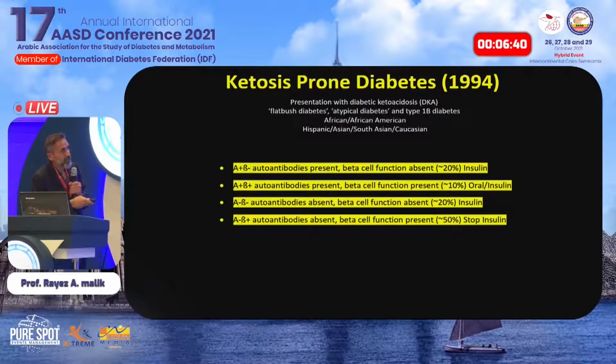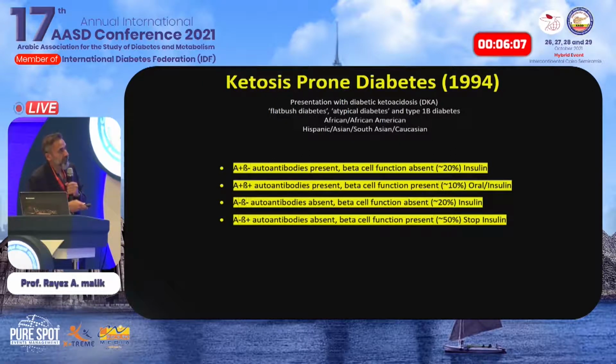The typical presentation here is that the patient will present with diabetic ketoacidosis, but they don't have to remain on insulin. About 50% of these people will recover, and you can take them off insulin or even other oral therapies. Originally they were described just in African American men, but now we know that Hispanic, Asian, South Asian and Caucasian people also develop this Flatbush diabetes.